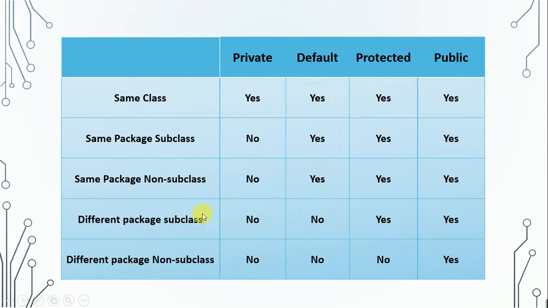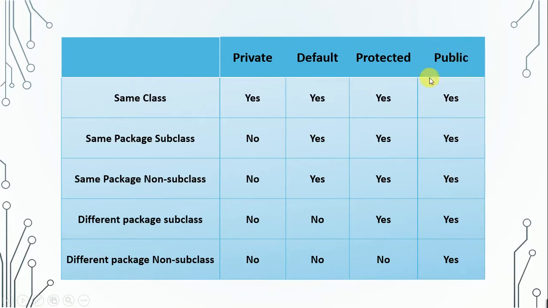We can access the protected member in a different package, but we have to use the concept of inheritance there. We cannot access protected in a non-subclass in a different package. And the last one is public. Public is accessible in all situations: the same class, subclass, non-subclass or different packages. We can access public anywhere.